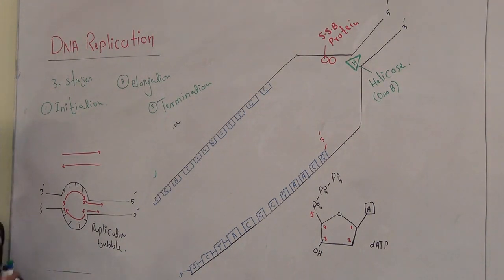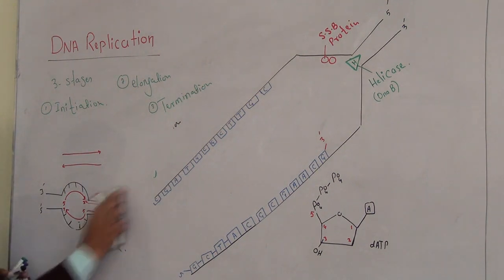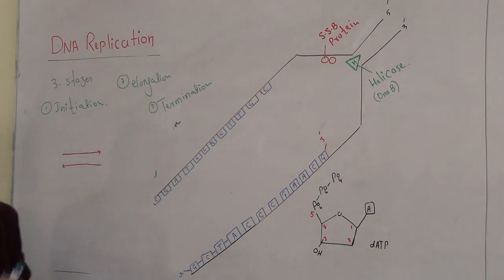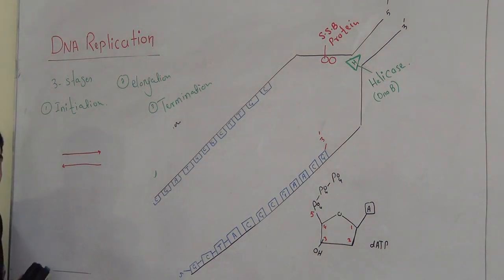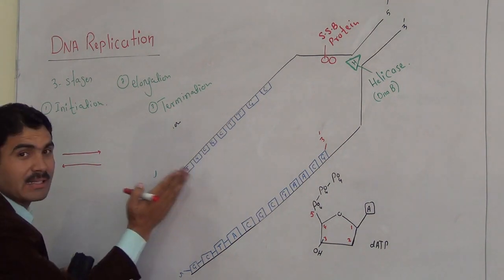the most important part of this lecture, which students find so confusing, is how the new nucleotides are attached, and how these are given a new strand. So the main problem for the student is how the new strand is synthesized.